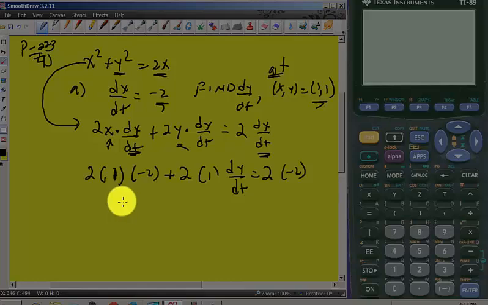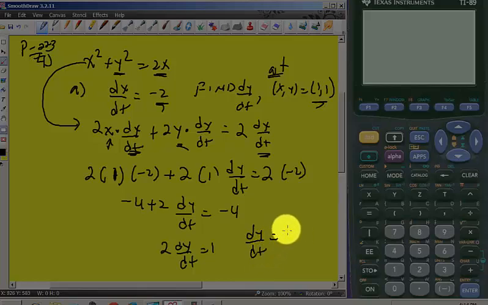All right, let's clean this up. This is negative 4 plus 2 times dy/dt is equal to negative 4. Divide by negative 4, and we get 2 dy/dt is equal to 1, and that means my dy/dt is equal to 1/2.